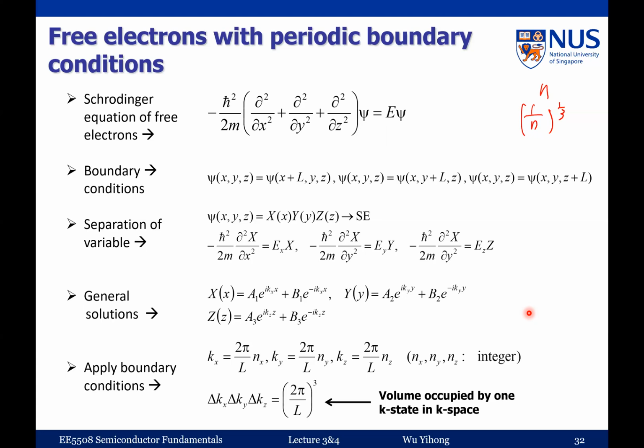Okay, so you only need to know that each k state in k space will occupy a volume of 2 pi over L cubed for the 3D case. And for the 2D case, of course, it would be 2 pi over L squared, that'll be an area. And in the 1D case, this is an interval, 2 pi over L. So this is something you need to remember.